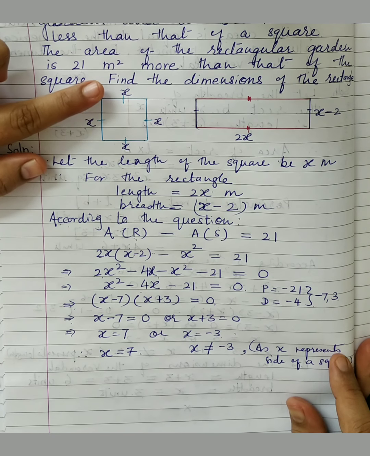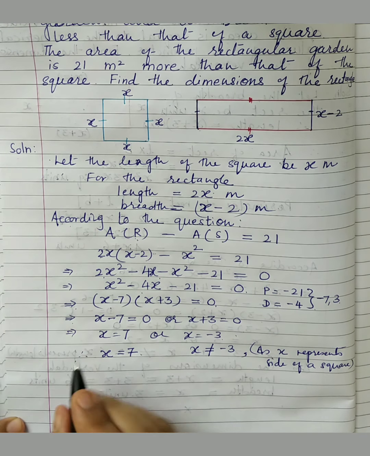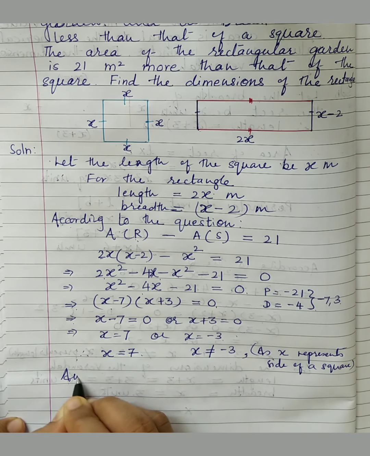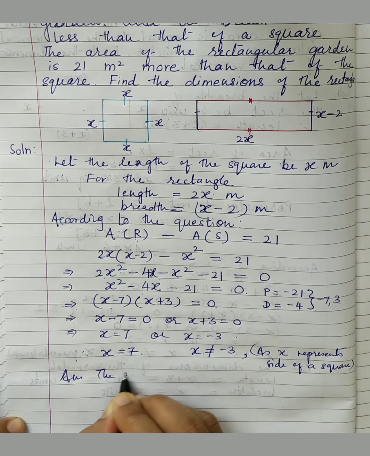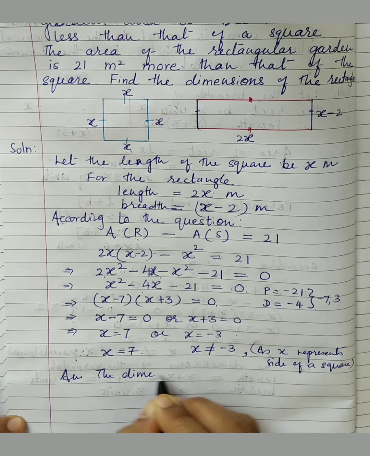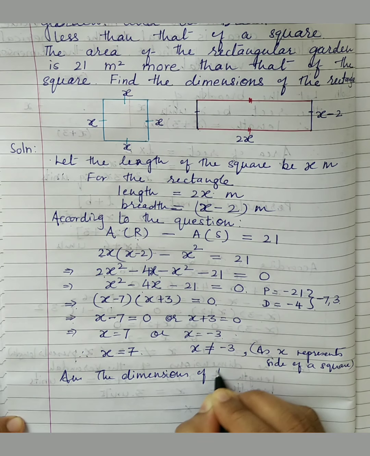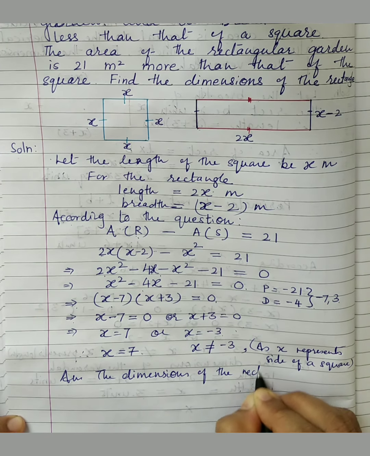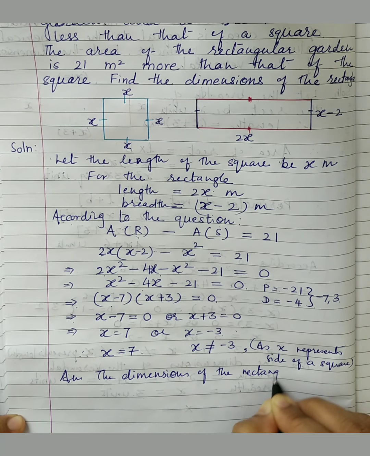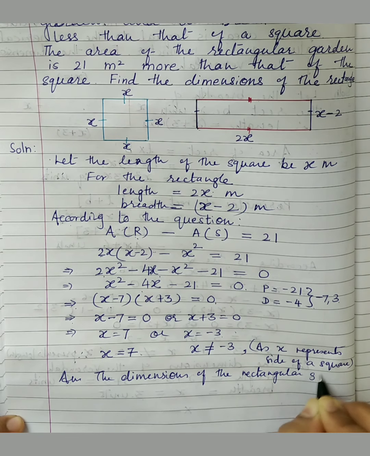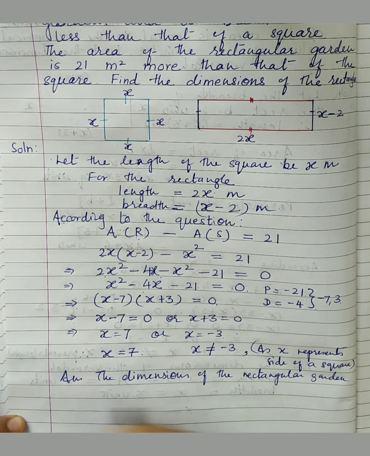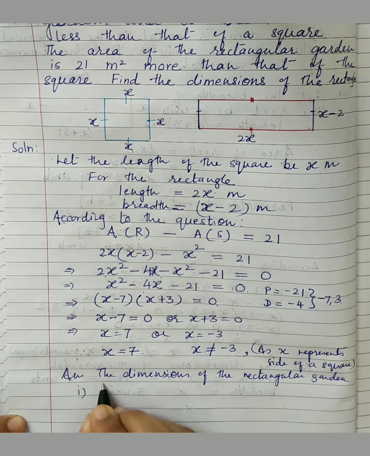Now pay attention to what is being asked in the question. It is asking you to find the dimensions of the rectangle. So our answer will be exactly that. The dimensions of the rectangular garden: first, length.